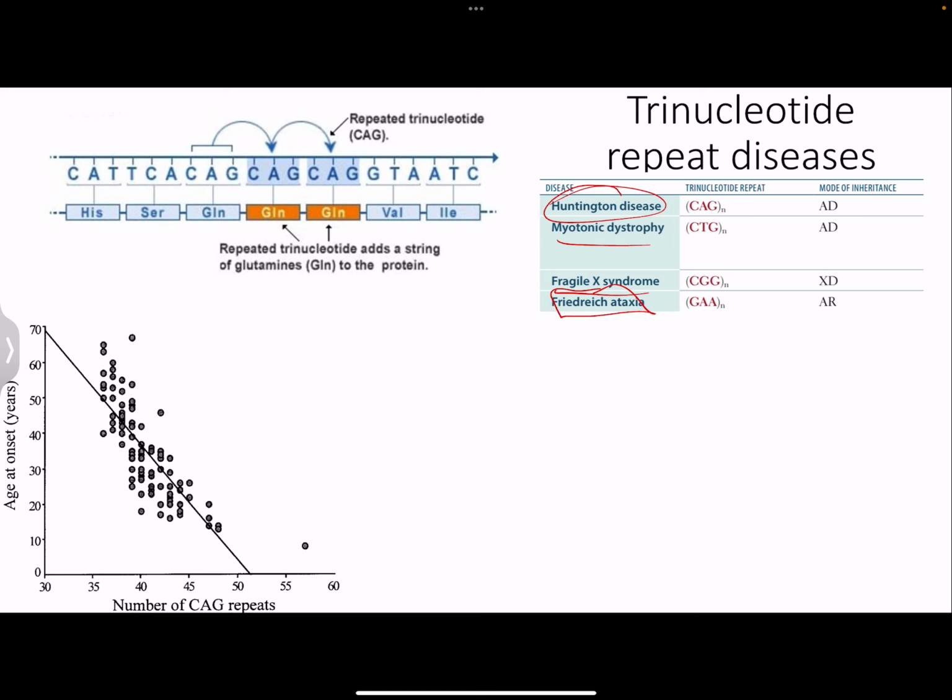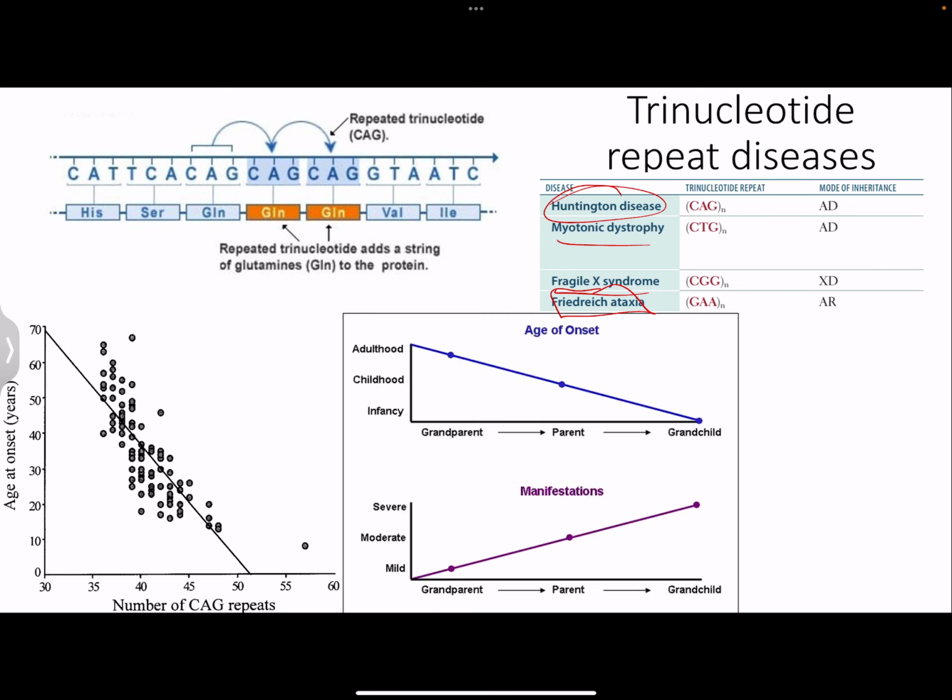And it's not just that the more repeats you have; typically as you accumulate repeats, it's easier for your body to produce more repeats. So over the generations, the grandpa might have 40 CAG repeats and have mild Huntington's, and then their kid will have 52 repeats and have moderate Huntington's, and their kid will have 74 CAG repeats and have a severe phenotype.